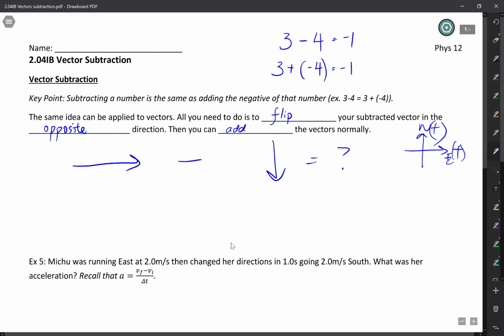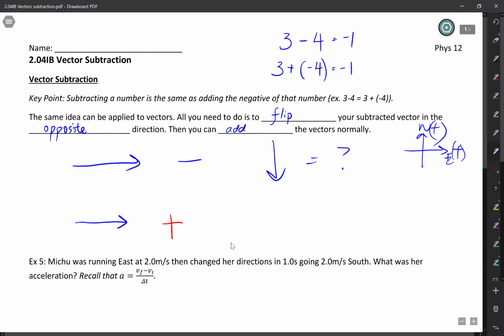What does that mean? It means that instead of subtracting this one, I am going to add, so I take this original one, and I'm going to add instead this vector, but in the opposite direction. So if it's originally pointing towards the south, which is negative, I am going to flip it around and make it a vector in the opposite direction.